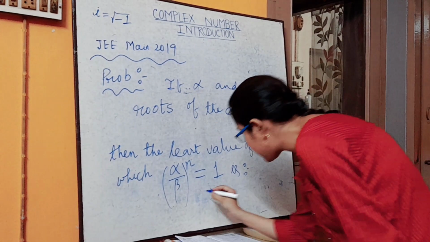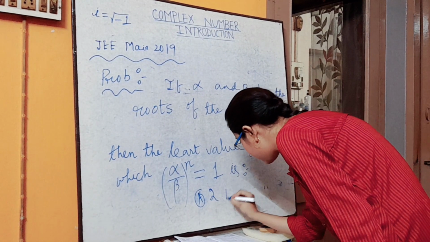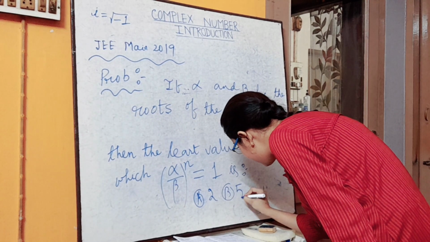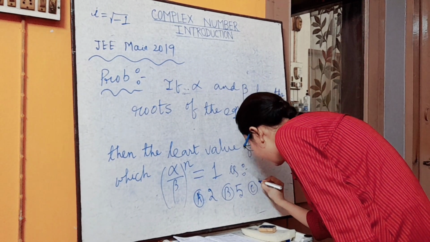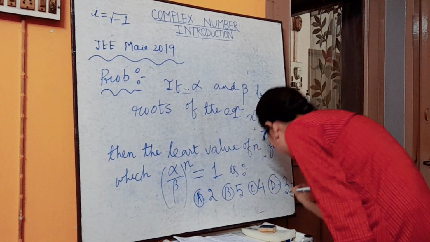There are 4 options: option A answer 2, option B answer 5, option C answer 4, option D answer 3.